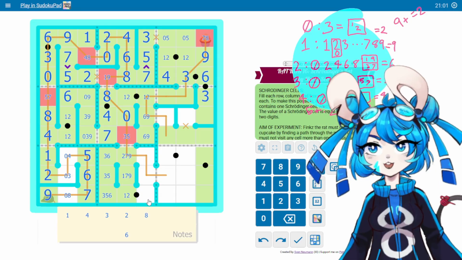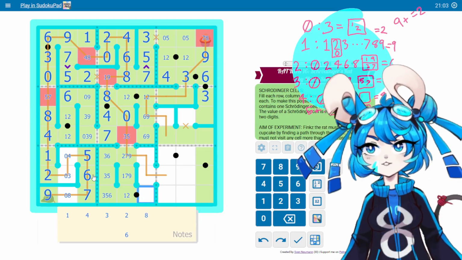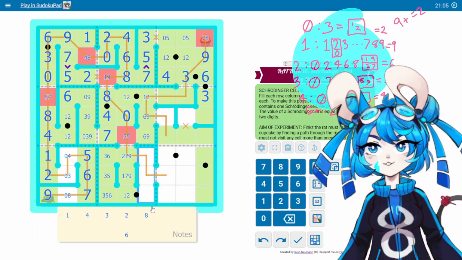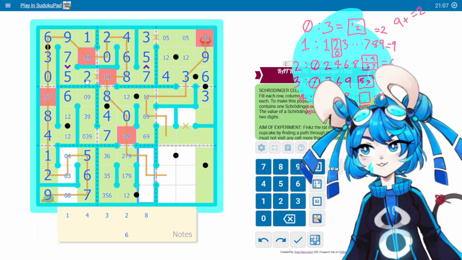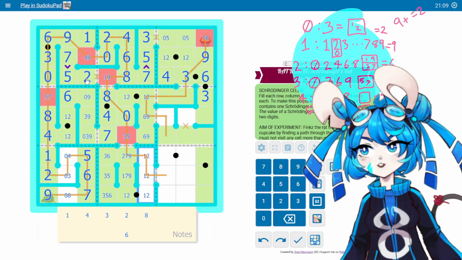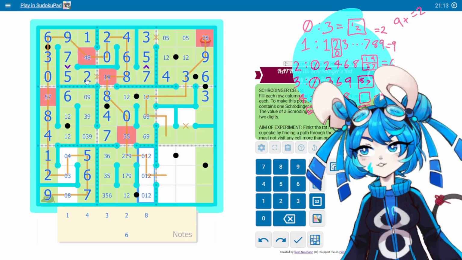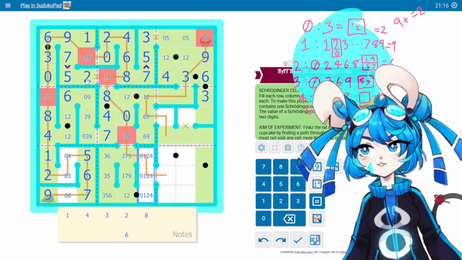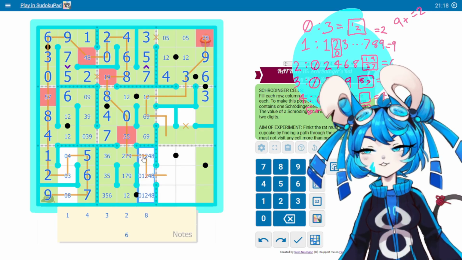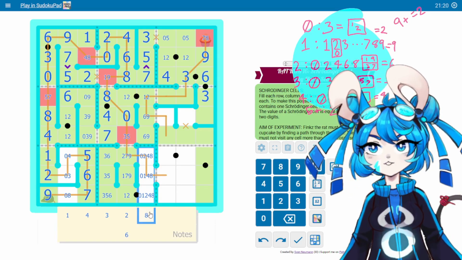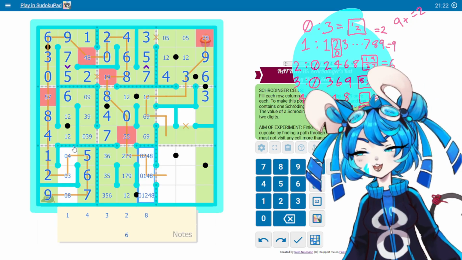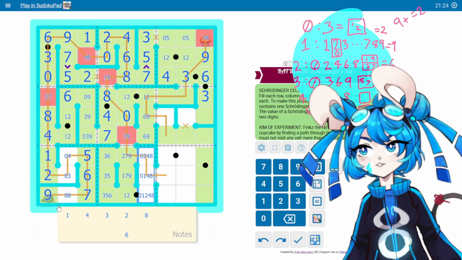But it's a Schrodinger cell, so anything is possible, really. This has to contain a 0. These digits are 0, 1, 2, 4, and 8. So, yeah, one of these three cells is going to be a Schrodinger cell.